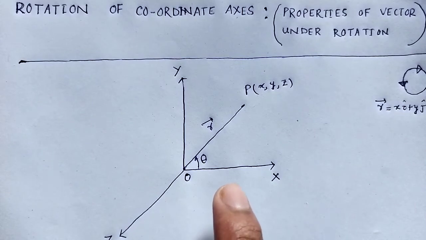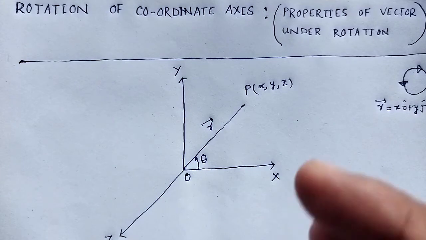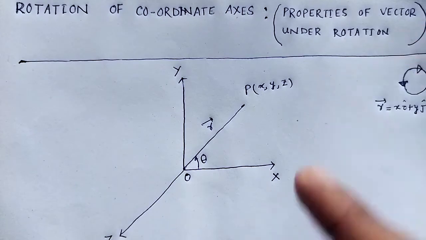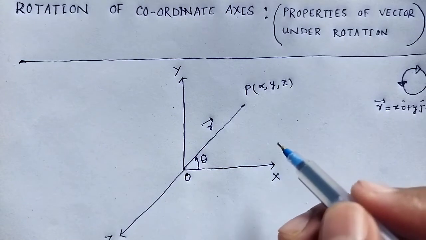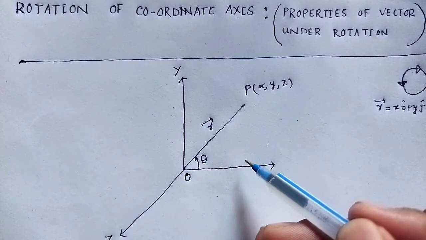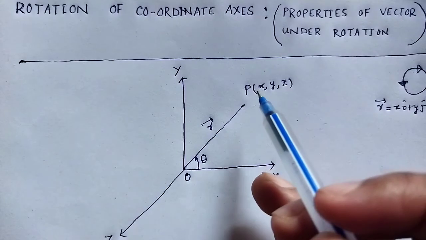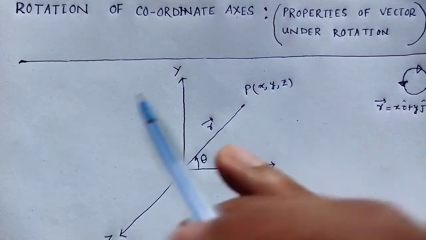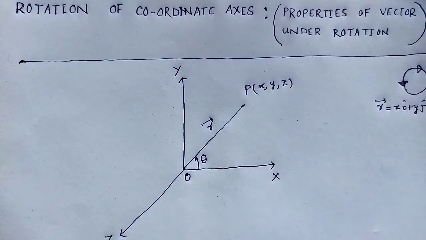Similarly, let x dash, y dash and z dash be the coordinates of the point when the axis is rotated by an angle theta in the new coordinate system. See the figure. If we rotate the coordinates about the z axis by an angle theta, then the position of the point P of x, y, z is changed to the coordinates x dash, y dash and z dash.